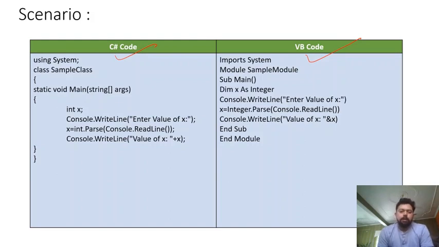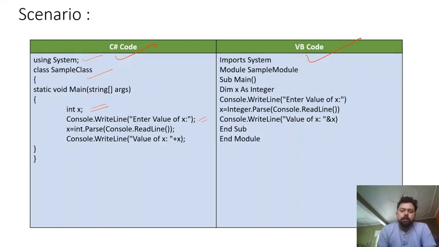For example, I have taken a namespace over here, using System, and created a class. In the Main method, which is the starting point of any program execution, I have defined a variable x. Then I am printing a message with the help of the Console class and its WriteLine method: enter the value of x.